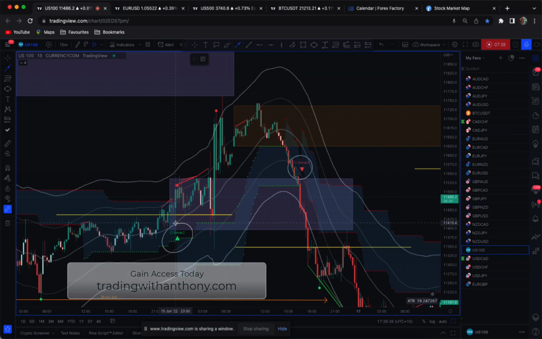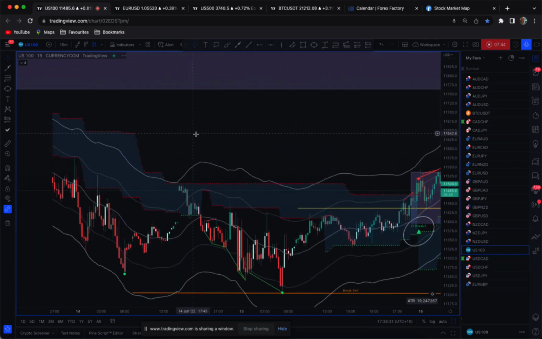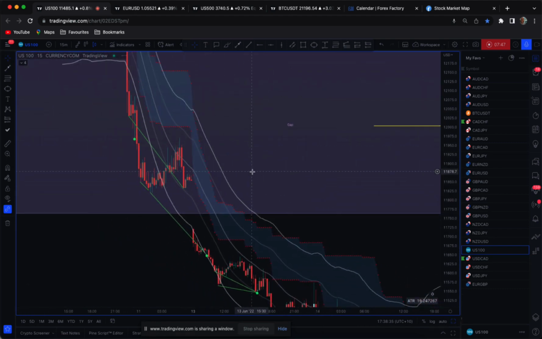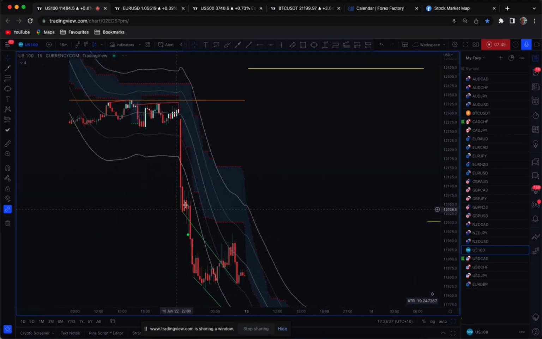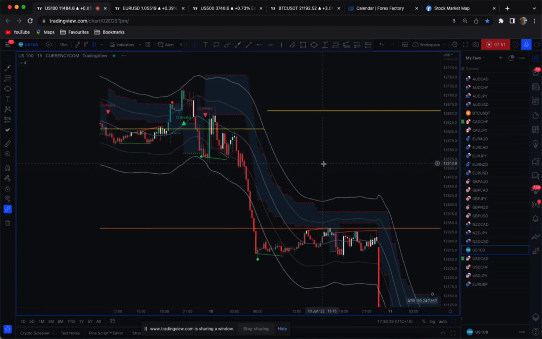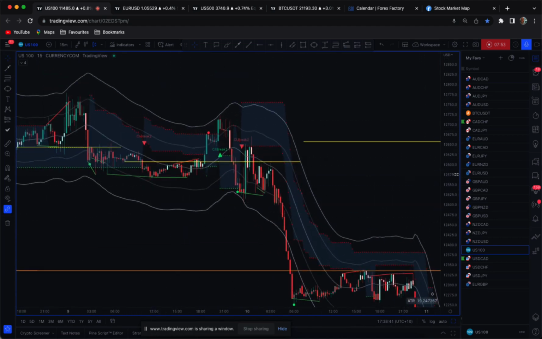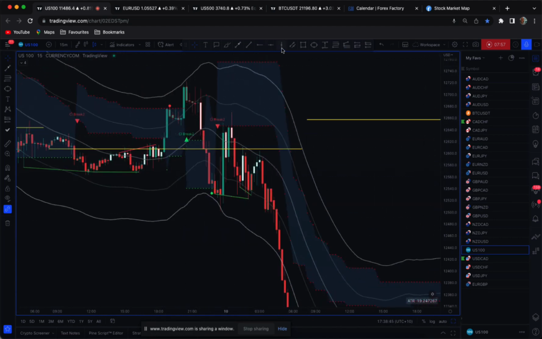Okay, so we've got this range, pullback, there's a long, and we get these amazing opportunities. Let me just clear everything. Go back, look at this. There's a couple of signals here. This one, again, that's a winning trade. So breakout, there's your range. A little bit of a thing there, but this signal definitely makes up for whatever you missed out on with that, or if you got stopped out.